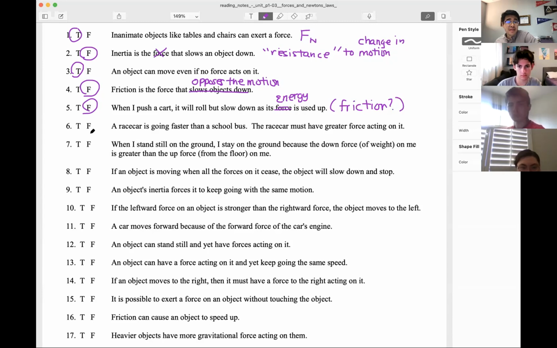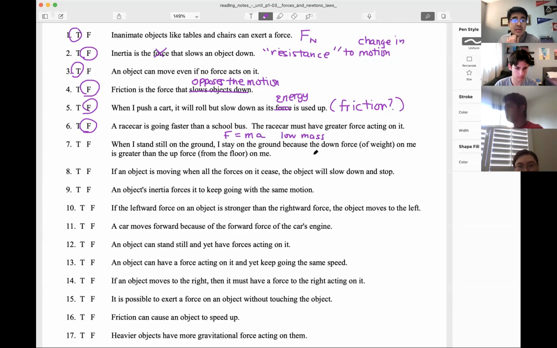False. False. Can you explain? I know these are so hard, right? Because what do we know about force, right? Force is mass times acceleration. So maybe the race car has a little tiny mass, right? If it has a little tiny mass, it doesn't need as much force to accelerate it. So it's going to depend on both the mass and the force. If it's a behemoth school bus, it'll take a lot of force to move it.